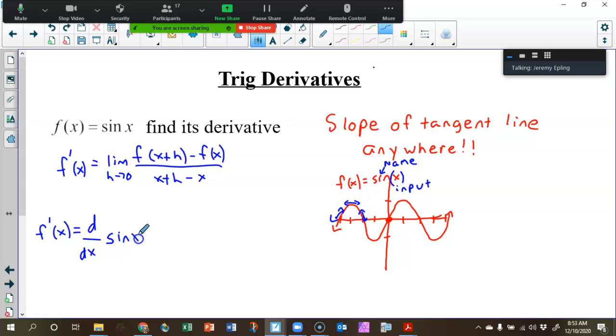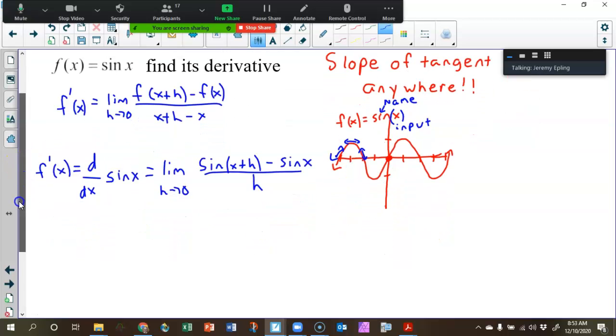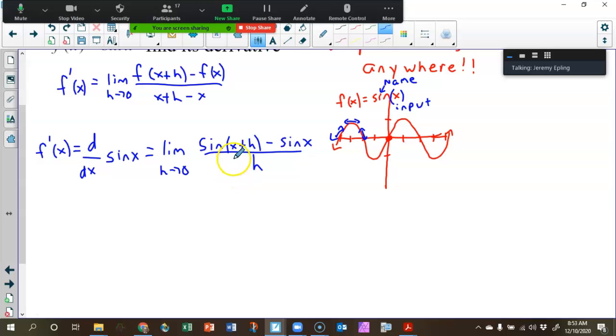Anytime we have a function and we just don't know the derivative, we come back to our limits. That is the definition of a derivative. The limit as h approaches 0 of the sine of x plus h minus the sine of x all divided by h. And now, to find the derivative of sine, all we need to do is evaluate a limit.